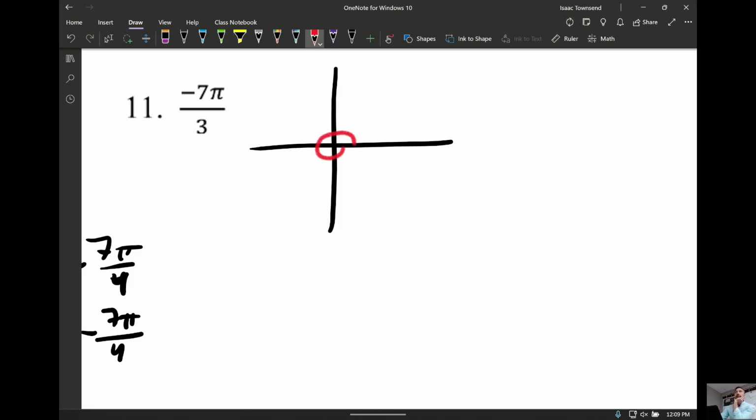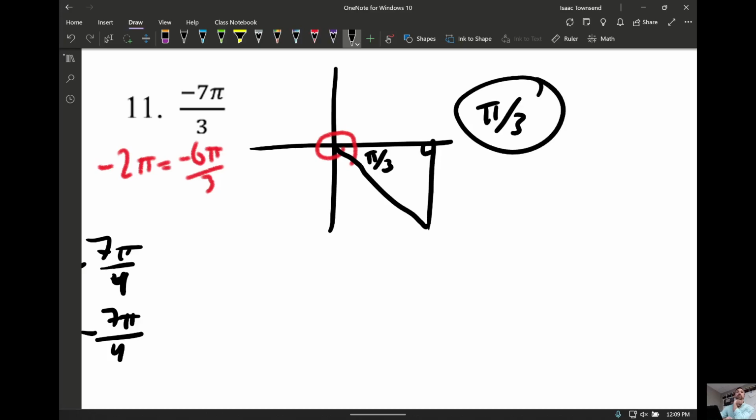So this one landed in quadrant 4. I know going all the way around is 2 pi, or in this case negative 2 pi, which is the same thing as negative 6 pi over 3. So negative 7 pi over 3 would be a little bit more, and how much more is positive pi over 3.